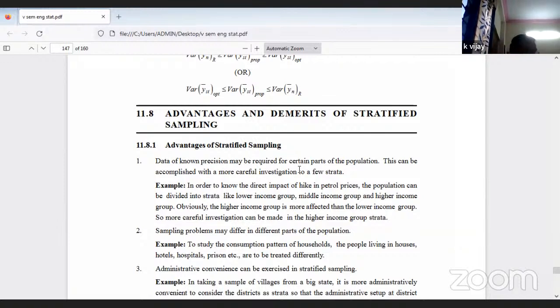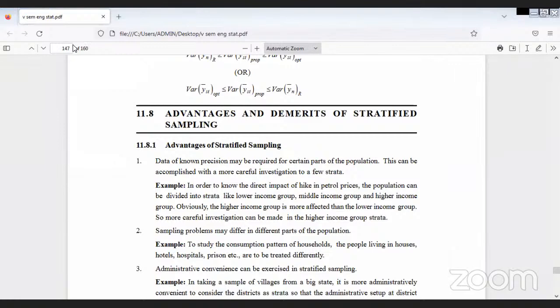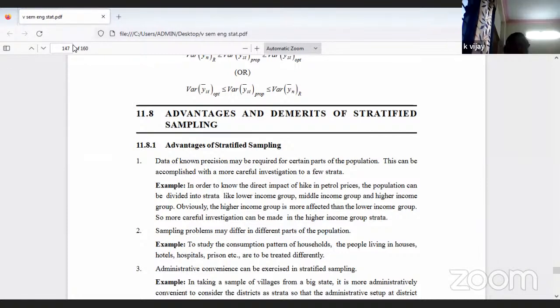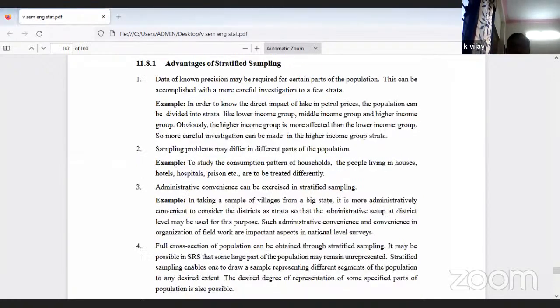Therefore, obviously the living houses, hospitals, hotels, etc. Administrative convenience can also be expressed in stratified random sampling.